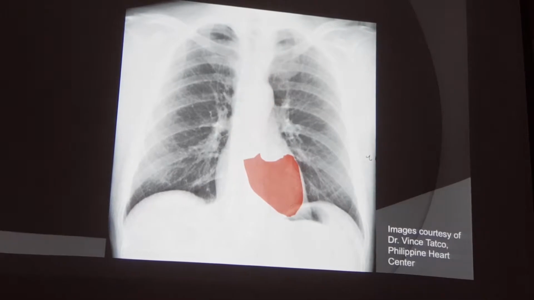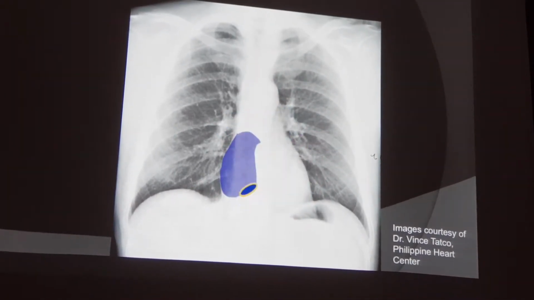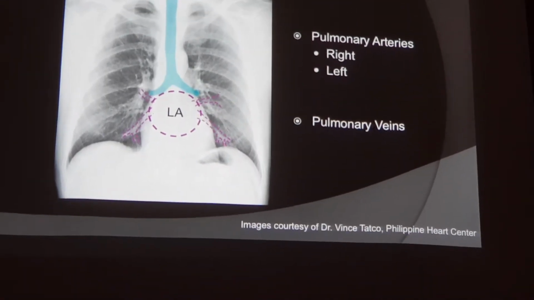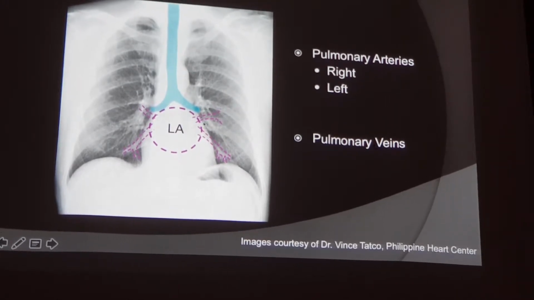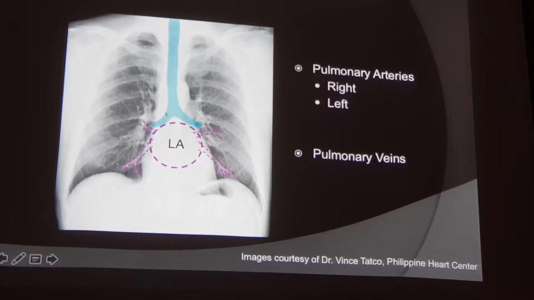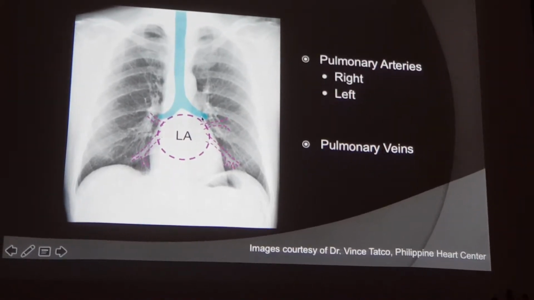So if you see your... Okay, remember this part. You will see that you have your left atrium here, and you will see that your trachea and your main stem bronchi rest on the left atrium.